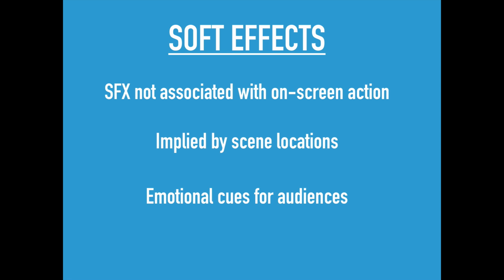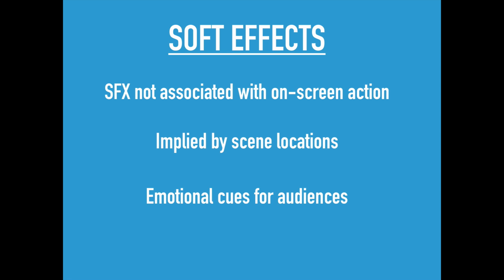For example, on a city street, there might be an ambulance that drives by, but we're only getting a soft effect because that might be off screen. But it happens as an emotional cue that a character on screen is looking concerned for some reason. And if we didn't have the ambulance siren, then we wouldn't understand why, or maybe it would seem strange that the character is distressed in any way.